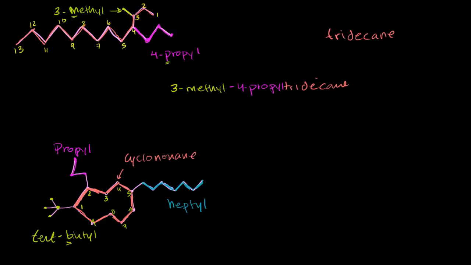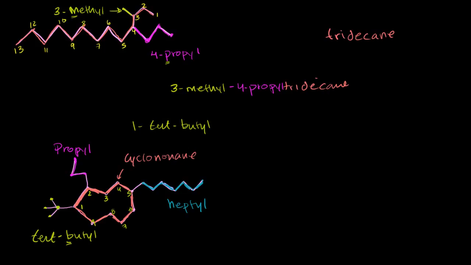So for this compound, we're going to start with the alphabetically first side chain. So it's 1 tert butyl. Let me write that in cursive. Then the next one alphabetically is the heptyl group.